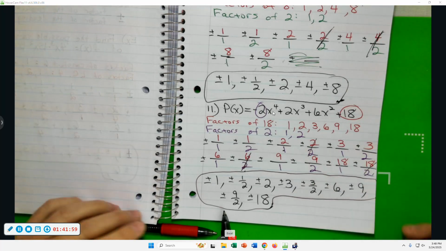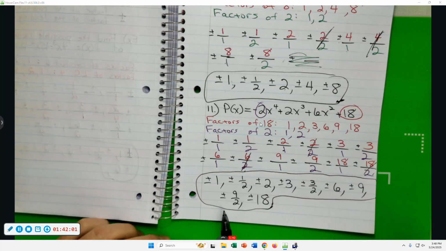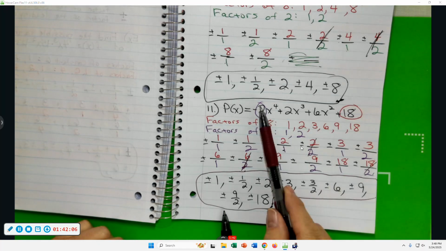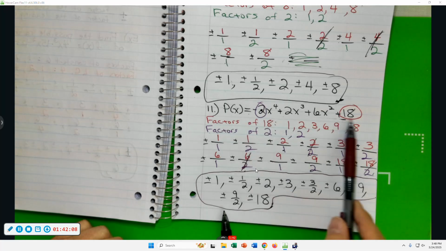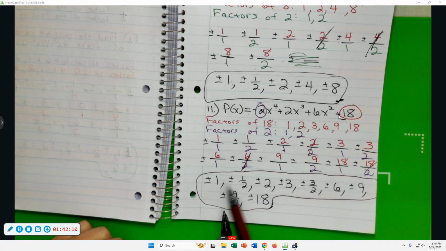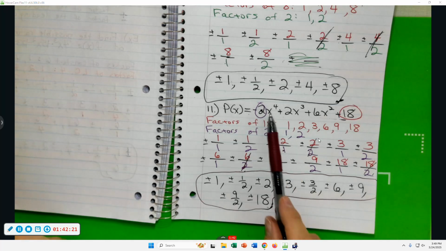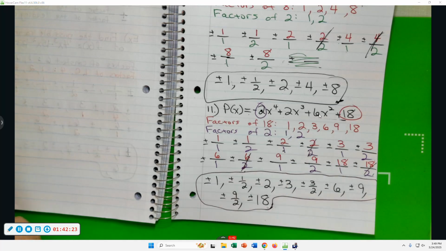Out of infinitely many integers, out of infinitely many rational numbers, the only numbers that could possibly make this thing equal 0 are listed right here. Only these 18 possible answers. So, could 7 be plugged in to make it equal 0?